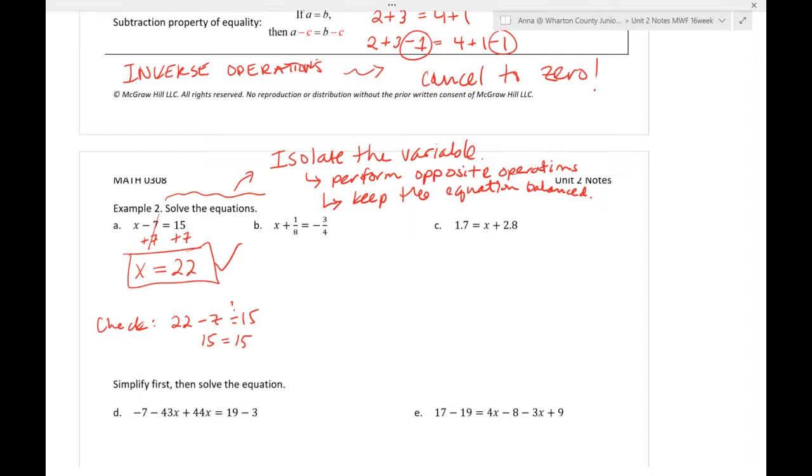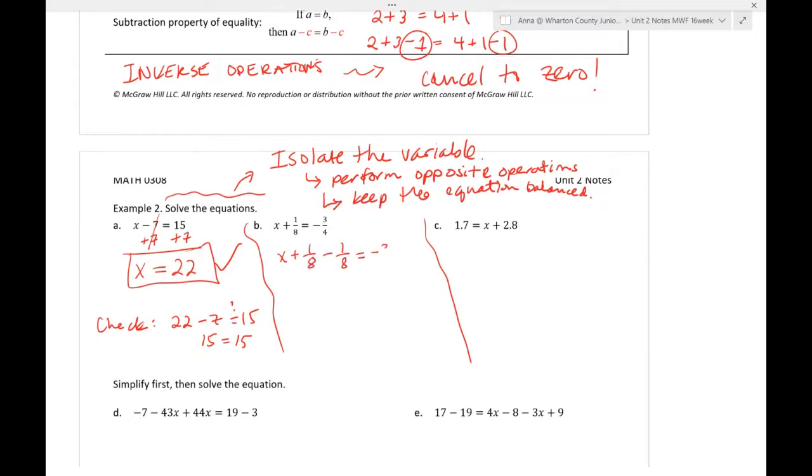For B, I'm going to show the work a little bit differently, just because we're dealing with fractions. I'm going to show it the way that you will see it if you look at the examples in ALEKS. Essentially, I'm still going to want to undo the operations that are happening to the variable. So I have x plus 1/8 equals negative 3/4. So I want to undo plus 1/8. The opposite of plus 1/8 is minus 1/8.